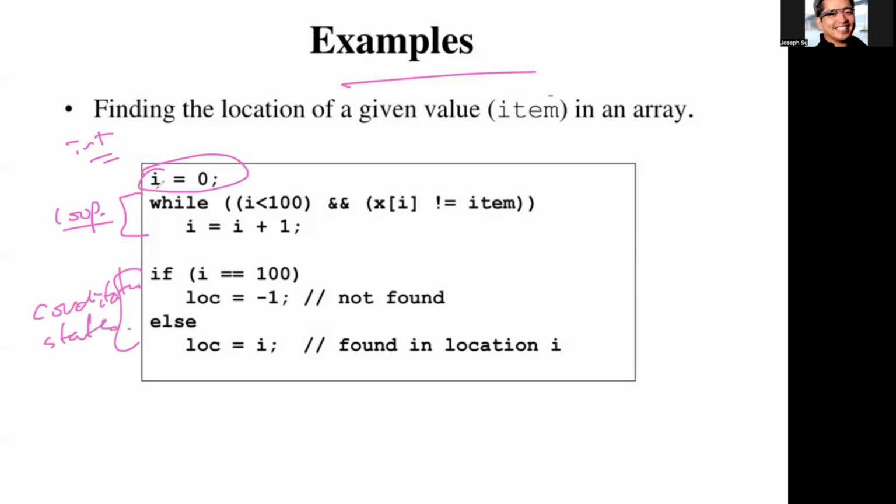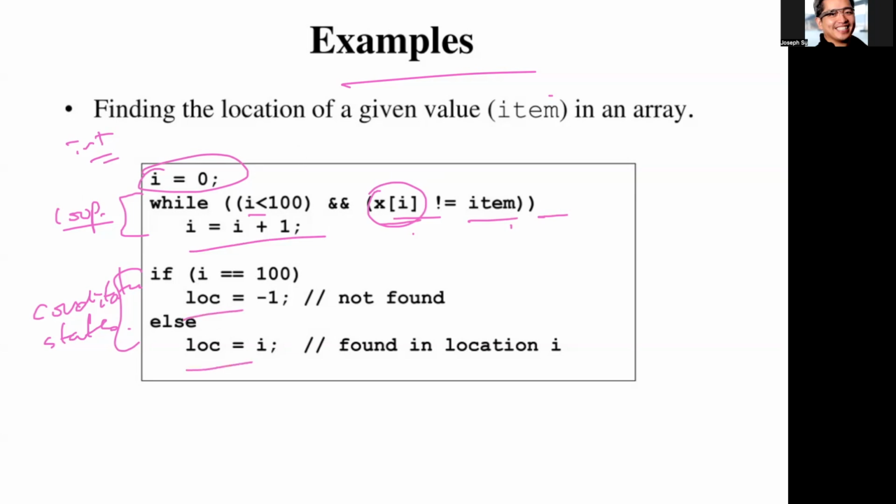This is using I, checking to see what it is, and depending on whether the ith item inside your X, this is not the ith item, this is actually the I plus 1 item because array indexing starts with 0. Whether this one is equal to this, and then checking to see if I is equal to 100, and then you can set other variables, and so on and so forth.